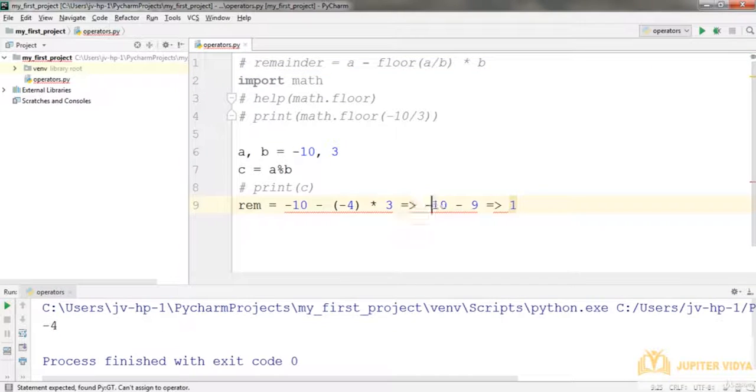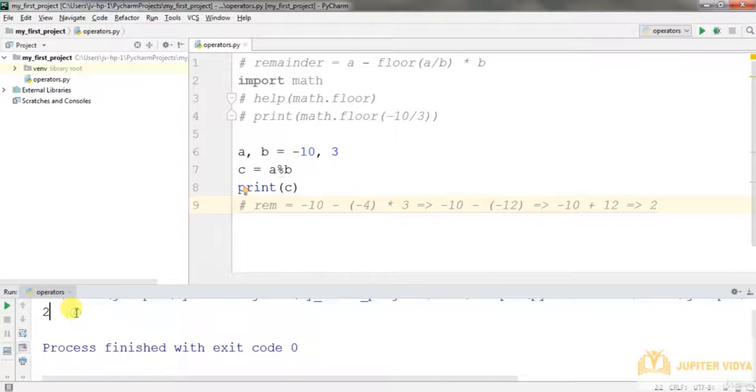Now here it is minus 10, minus 4 into 3 is minus 12, so minus minus becomes plus, 12 minus 10, and here it will be 2. So according to this formula it is 2. Let's test it. So minus 10 mod 3, run it, and you can see it is 2.